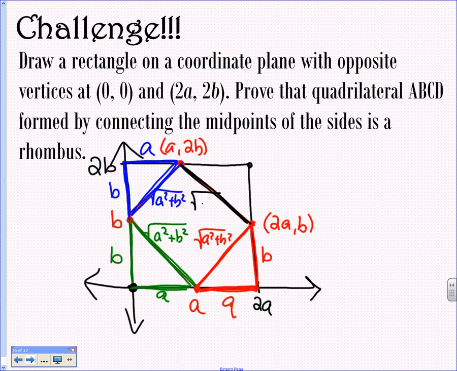The square root of a squared plus b squared, since this length is a and that length is b. So is it a rhombus? Yeah, if you use slope. But it could have been a, yeah, that'd work.